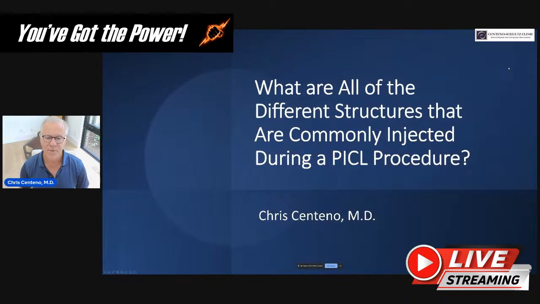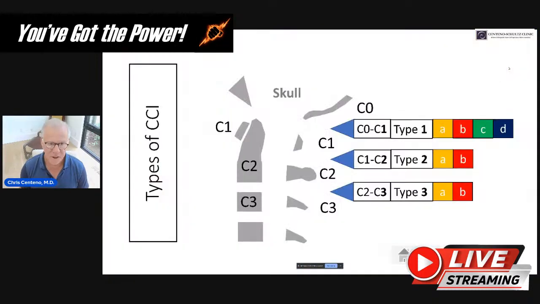Okay, so today we're going to be talking about what are all of the different structures that are commonly injected during a PICL procedure. So as you know, the PICL procedure is very specific to the type of CCI. And if you've been watching all of these videos, you know that we classify CCI into 8 different types.